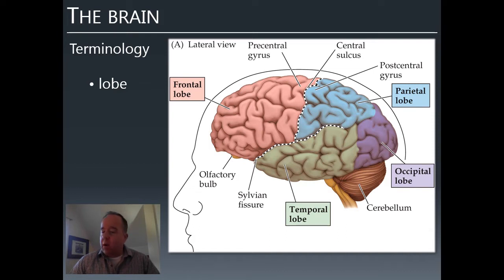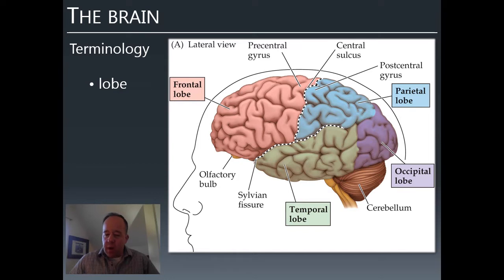Humans do not have the largest brains in the animal kingdom, but relative to our body size, our brains are pretty big, and relative to our body size, our frontal lobe is particularly big. And again, we think that the frontal lobe is what gives us a lot of our advanced cognition. The fourth lobe is the temporal lobe, and it's sort of off to the side of the brain.